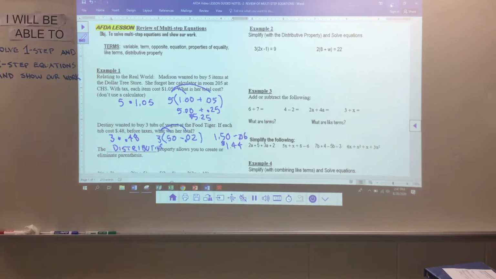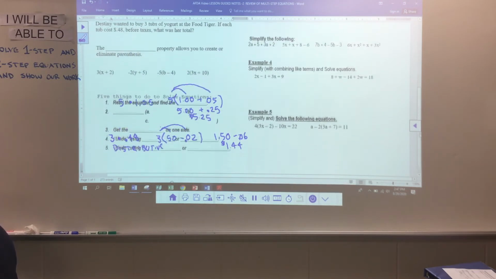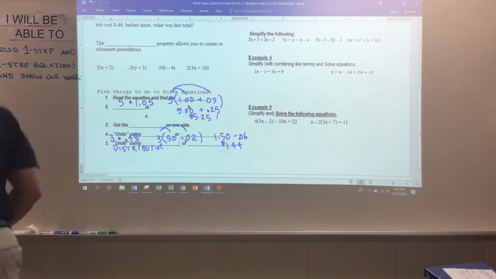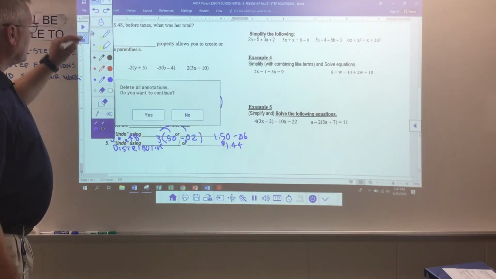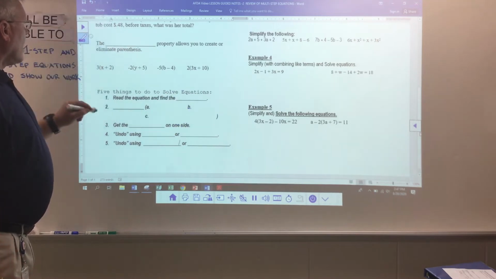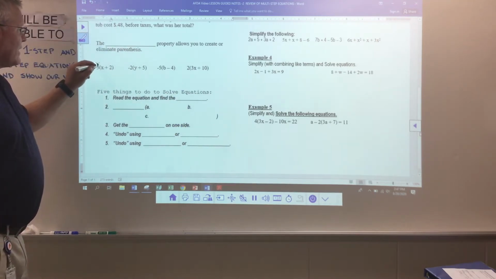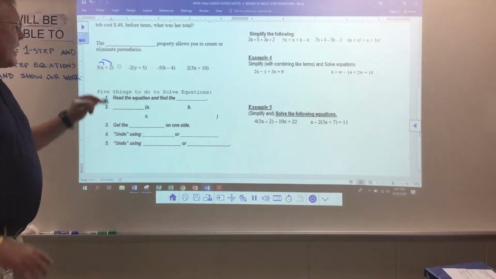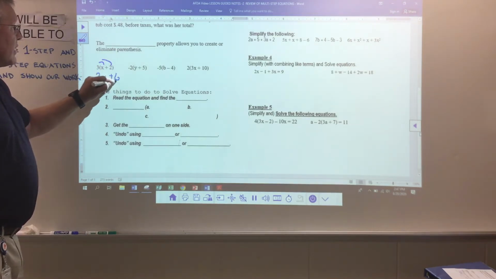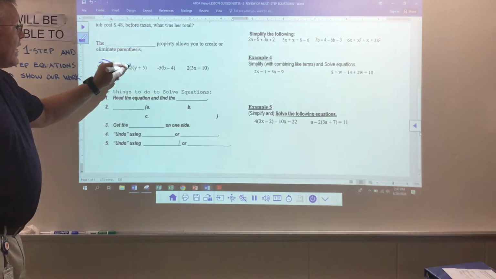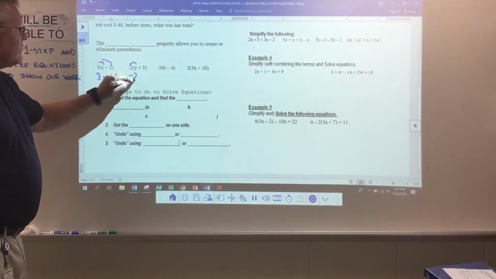Let's check out some examples. If you are going to use the distributive property to eliminate parentheses here, you would do 3 times x. I like to draw these little arcs if I'm doing it by hand. I get 3x. 3 times 2 is 6. Everybody agree? Now, negative 2 times y is negative 2y.